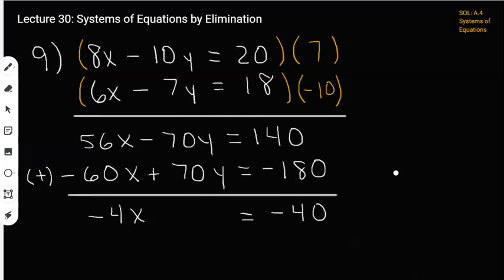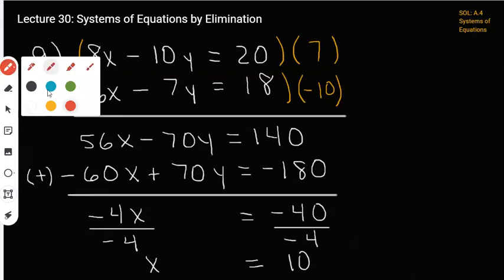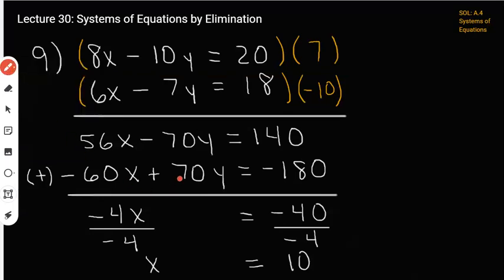So now, to get x by itself, I need to divide both sides by negative 4. And when I do that, I'm going to get positive 10 for x, and the negative 4s are going to cancel out.